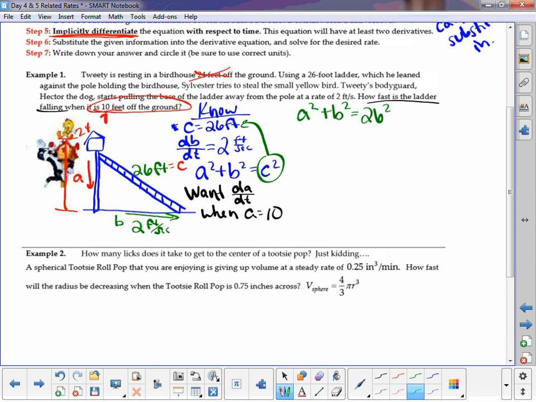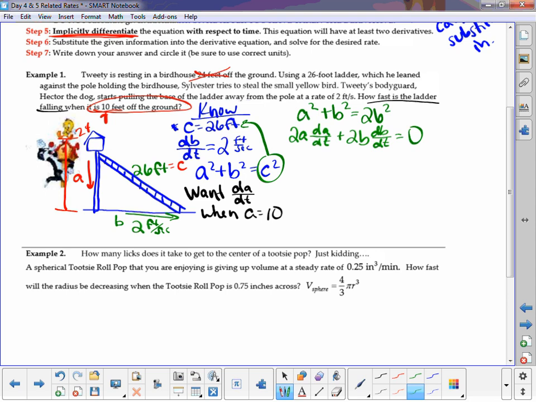Okay, let's do our derivative, and remember, we're doing this with respect to time, so it's implicit differentiation here. We would get 2A dA/dt plus 2B dB/dt equals, what's the derivative of 26 squared? Zero. Nothing. Zero.